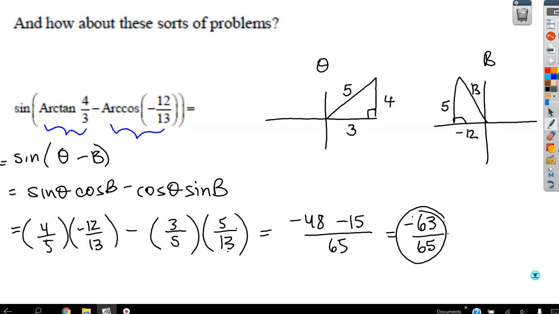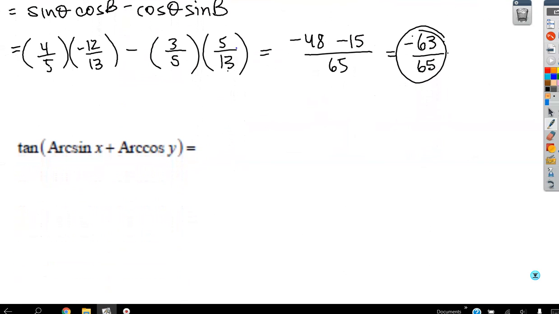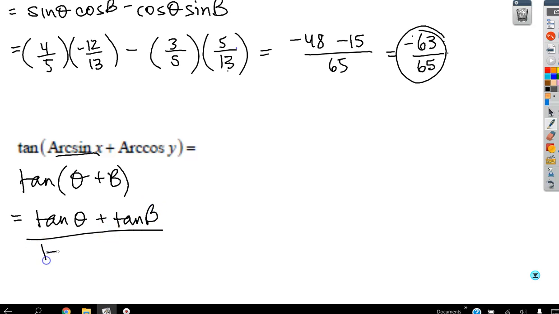Okay, so the natural progression would be, how do I deal with it when it's variables? Same way. First thing I would do is rewrite this as this is an angle and this is a different angle. Then I would expand using the identity. And then I would create my triangles.